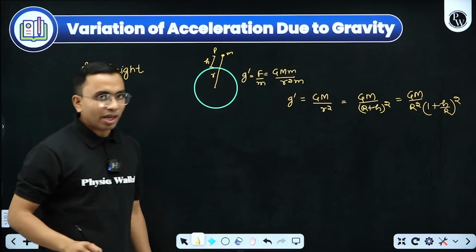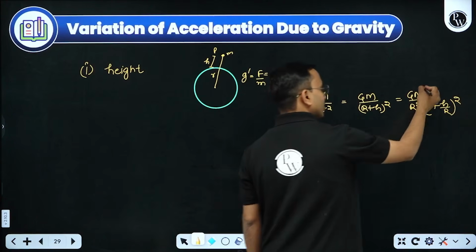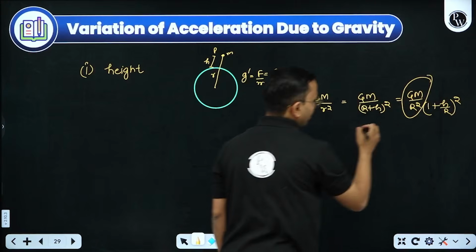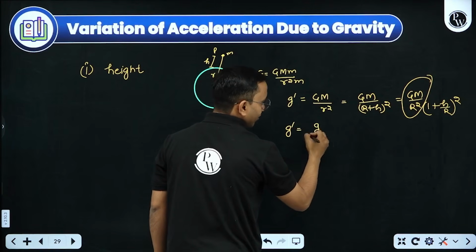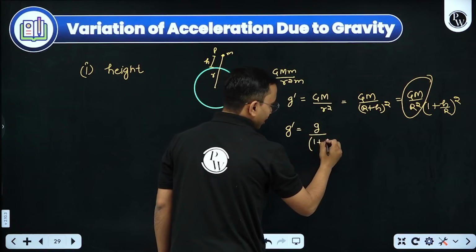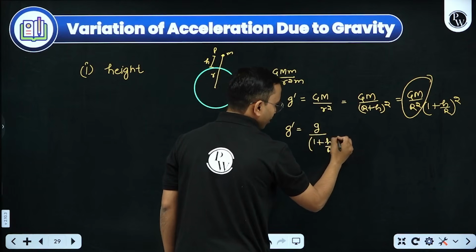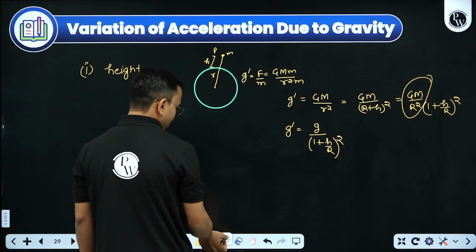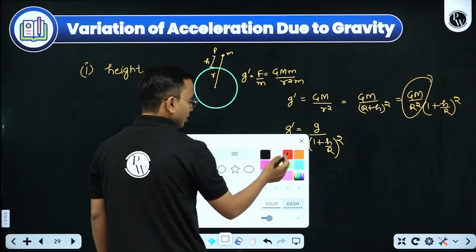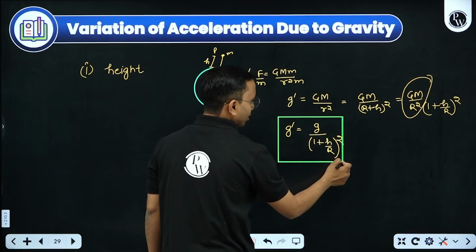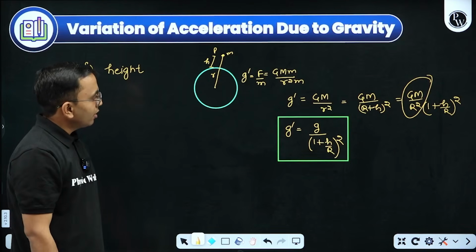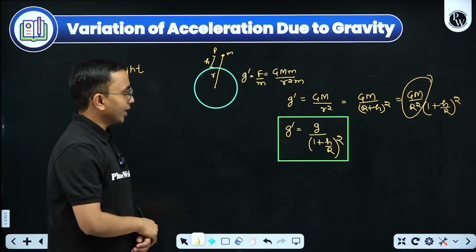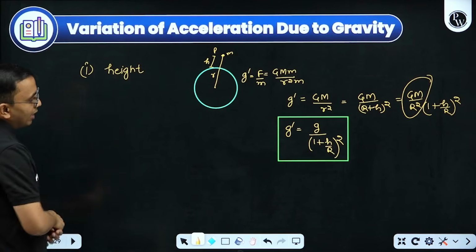If I write G m by r squared as my acceleration due to gravity on the surface of Earth, then this g' will become g divided by (1 plus h by r) squared. I got the expression. At a height h, I can write acceleration due to gravity like this.